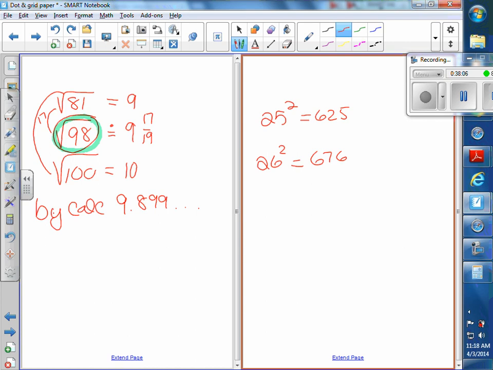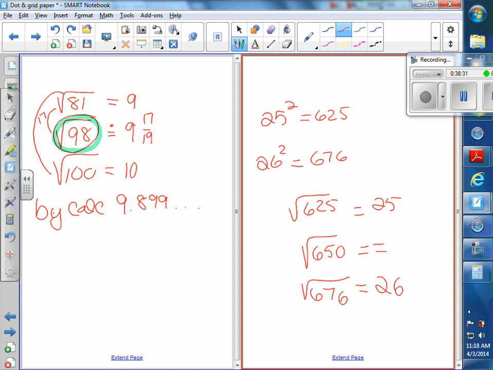So what if I did the square root of 650, okay? Does that make sense? So that means it's between the square root of 625 and the square root of 676. So this is 25, and this is 26.